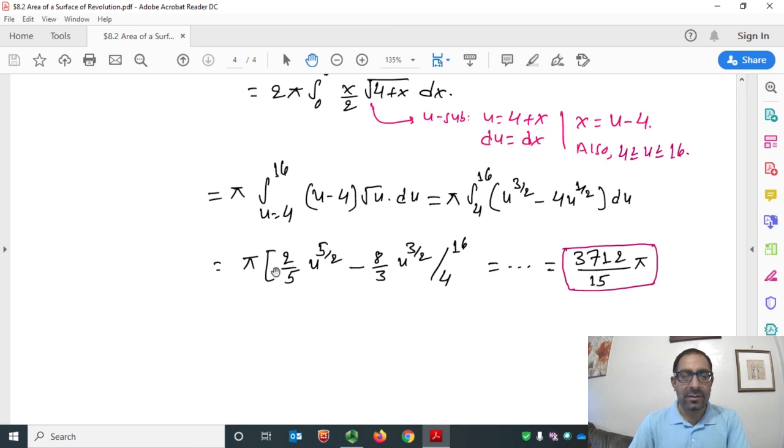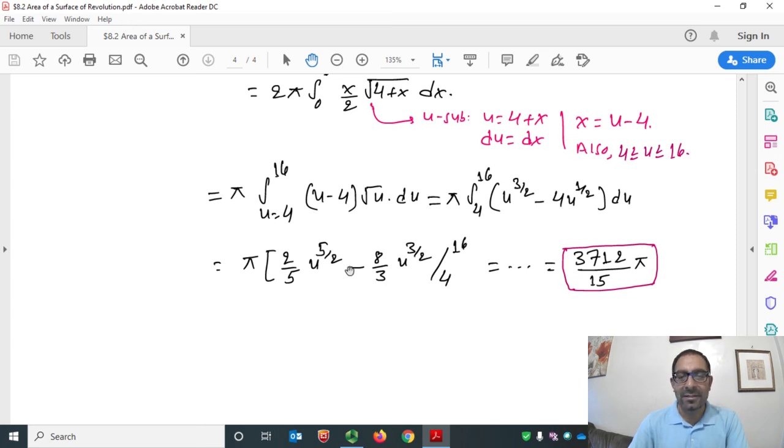Then the next step, take the integration. So pi as it is, integration of u to the power 3/2 with respect to du becomes u to the power 3/2 plus 1, which is 5/2, divided by 5/2, which is the same as multiplying by 2/5. I'm just flipping here. So 2/5 u to the power 5/2.